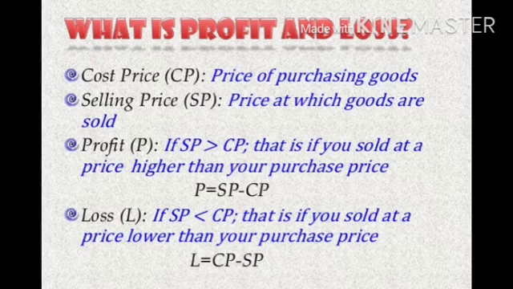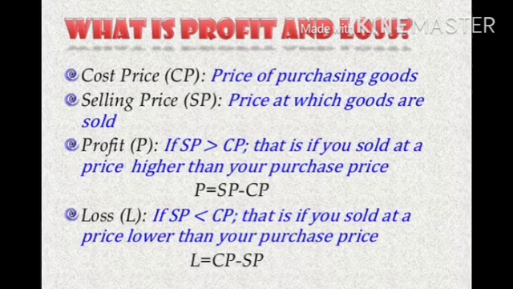Cost price, CP, is the price of purchasing goods. Selling price, SP, is the price at which the goods are sold. Profit, P: if SP is greater than CP, that is, if you sold at a price higher than the cost price, then it is a profit.